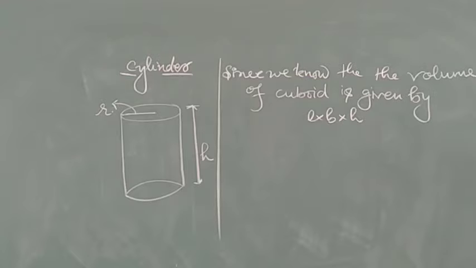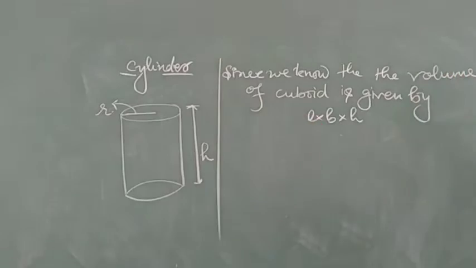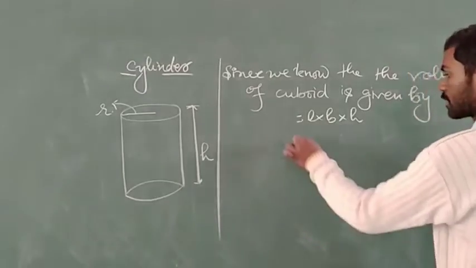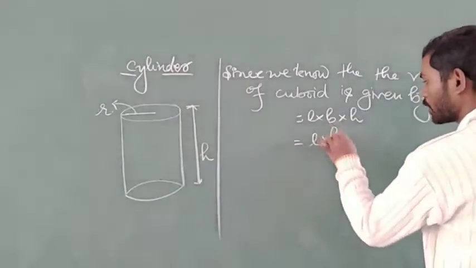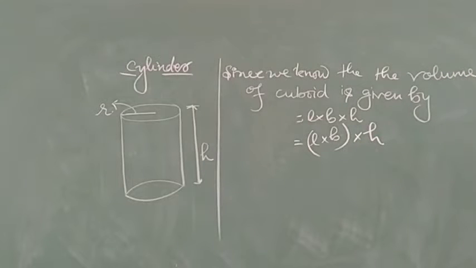Okay, since the volume of a cuboid is given by LBH, this can be written like this: L into B into H. Here we put the associative property.